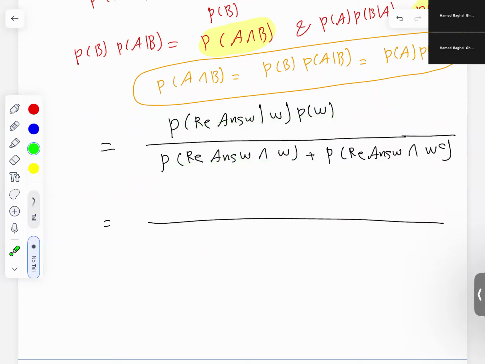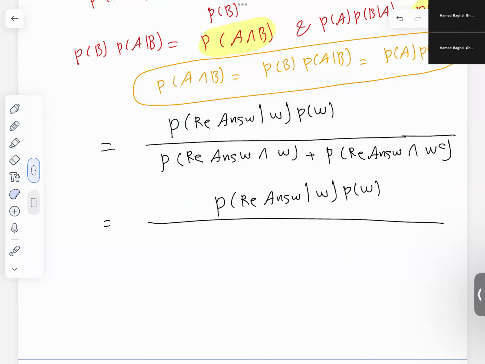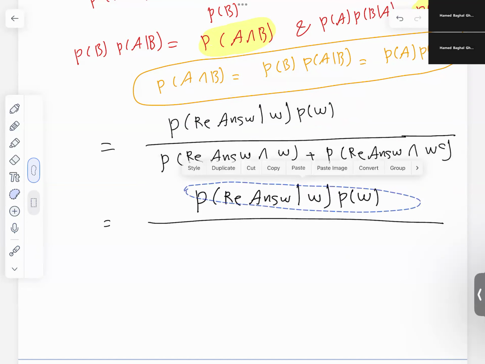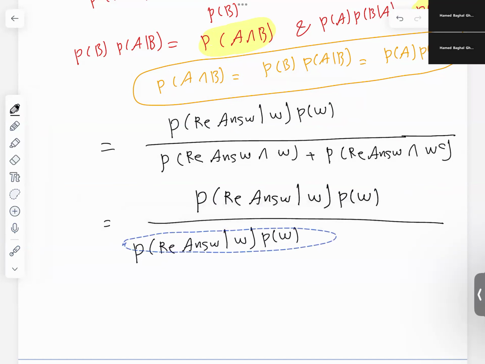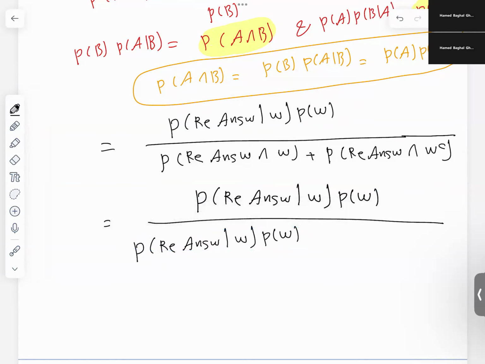So I will write this one like this one. So let's copy this one to the numerator. Again here. Plus here.